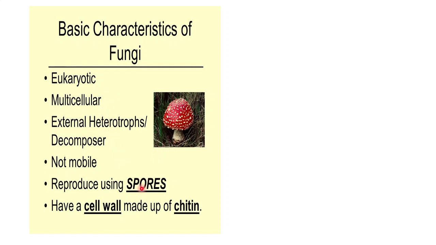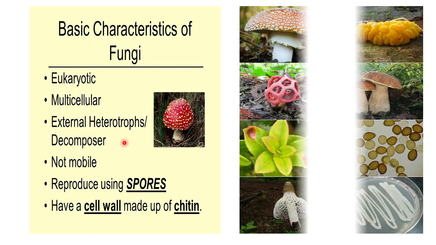Reproduction: they usually reproduce through the formation of spores, whether sexual or asexual, but ultimately spores will be formed, which are tiny cellular structures produced from the body, and then they will be dispersed. Upon falling on a suitable substratum, they will again produce new fungus. So these are some of the basic characteristics of kingdom fungi.